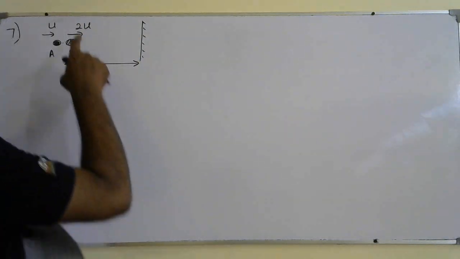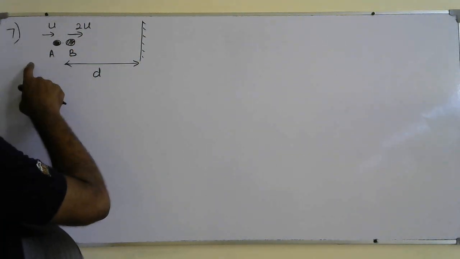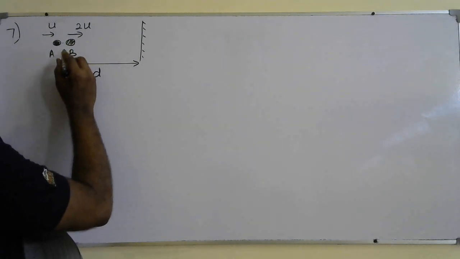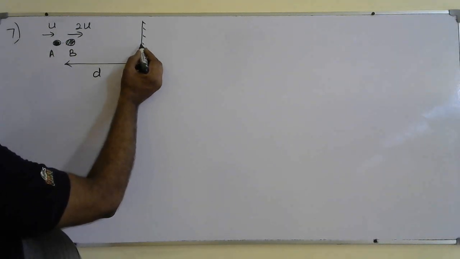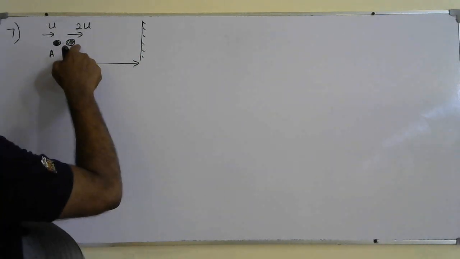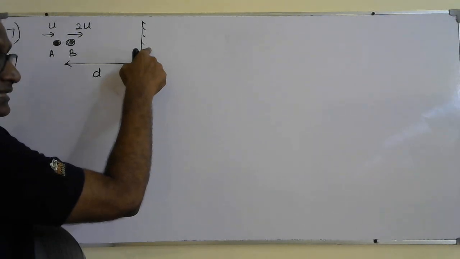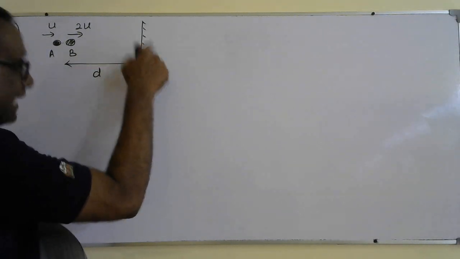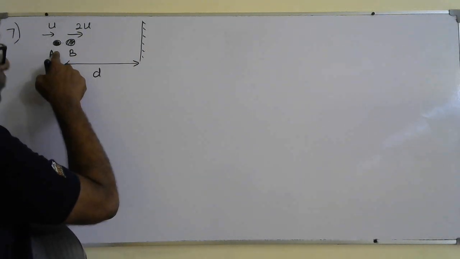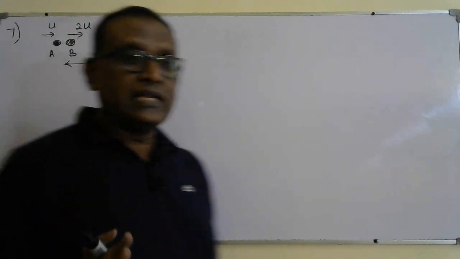Now the speed of B is twice the speed of A. When B takes a certain time to reach the wall, at what distance will A have moved?